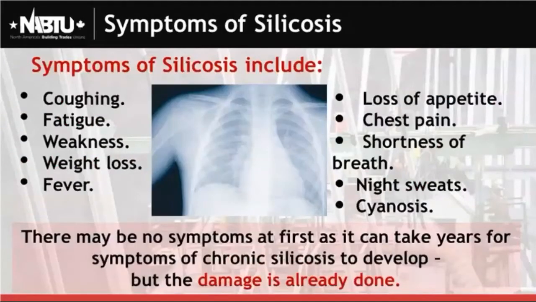Some of the symptoms of silicosis can include coughing, fatigue, shortness of breath, weakness, weight loss, a fever, cyanosis, loss of appetite, chest pain, and even night sweats. Okay. There may be no symptoms at first, or it could take several years for these symptoms to develop. It all depends on the situation. But once it starts, the damage is already done.